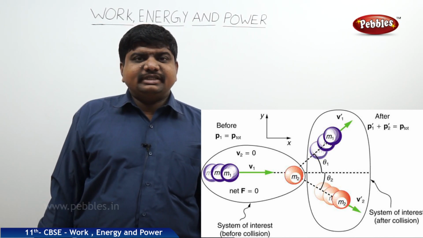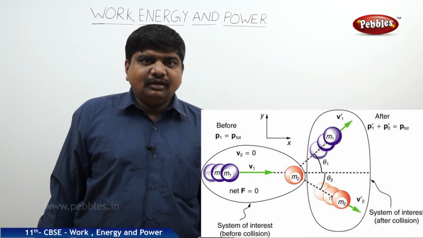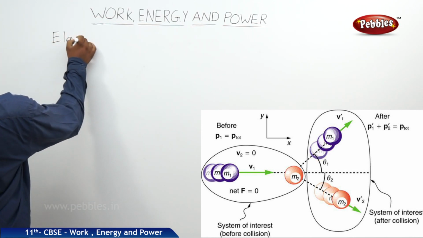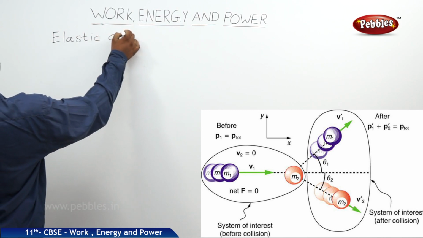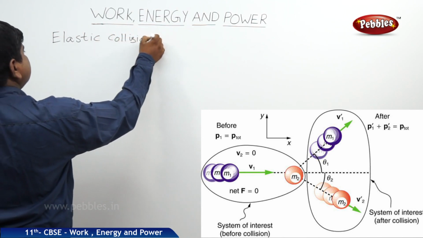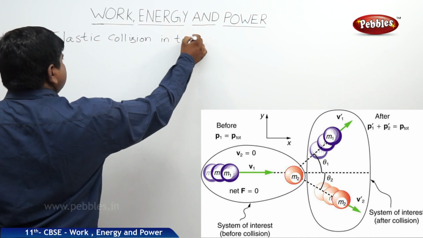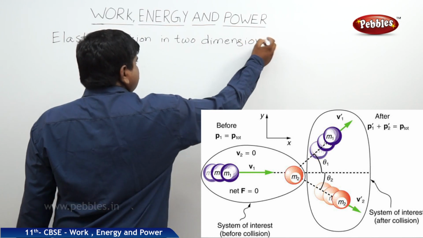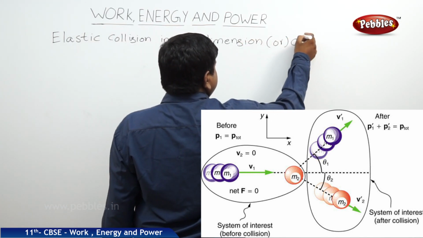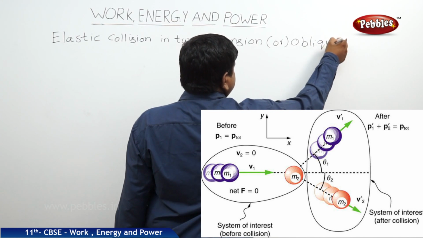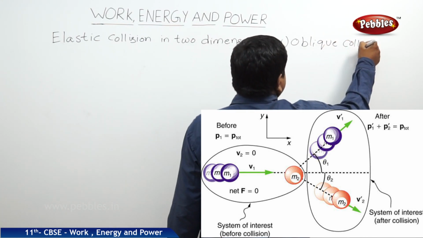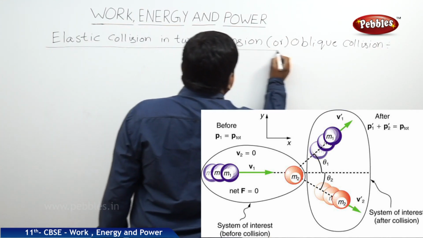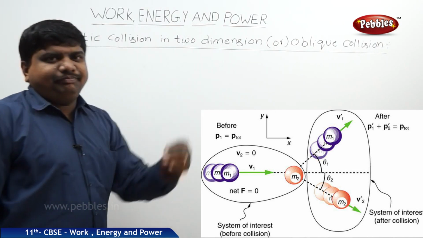The next concept we will see is elastic collision in 2 dimensions, or oblique collision. We know that oblique means simply a slope.